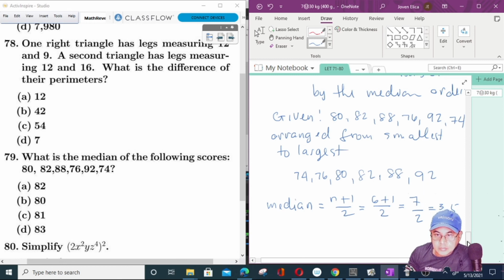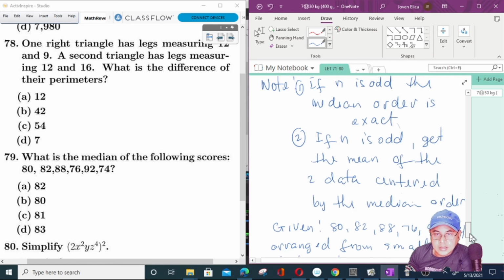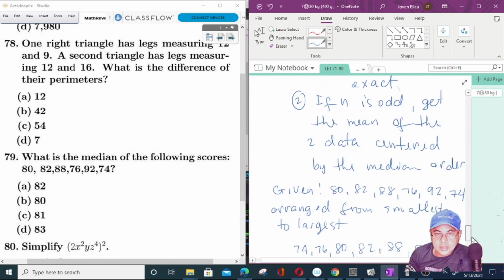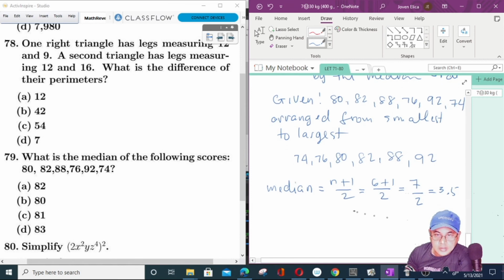Now from our note, 7 is an odd number, so on our note, if n is odd, get the mean of two data centered by the median order. So from here, 3.5, so 1, 2, 3.